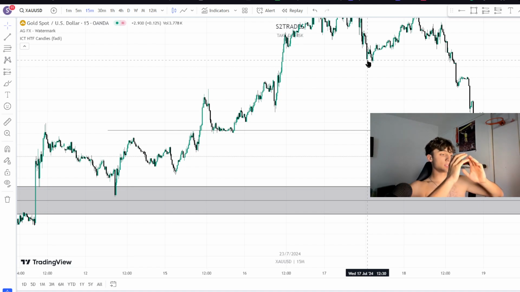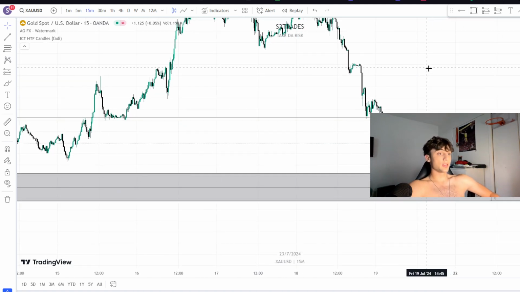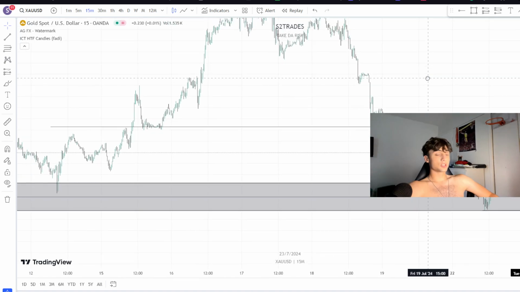We have a supply and a demand for it. If there's no supply for the demand, then the market won't move. If there's nobody selling you the items, then you can't even buy it, right? If there's no supply, there's going to be no demand. So that's why market makers sweep liquidities.